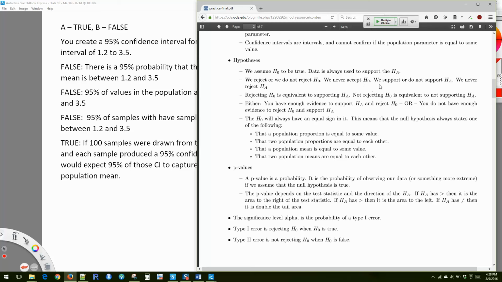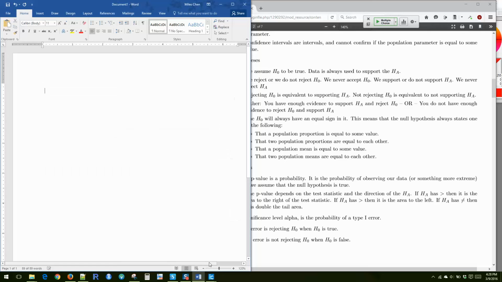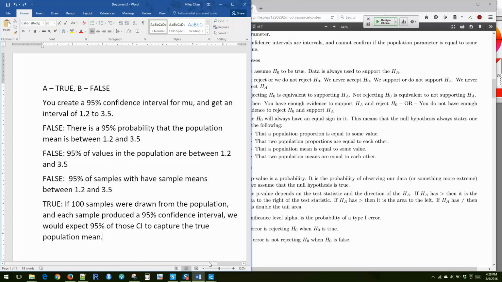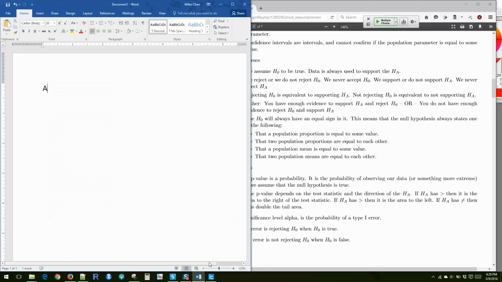We support or do not support the alternative, and we never reject the alternative here. So let's use that, and we'll say, which statement is correct?